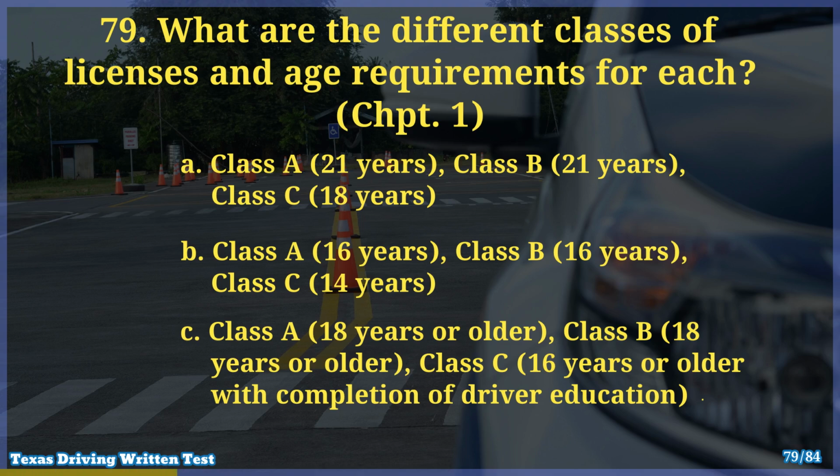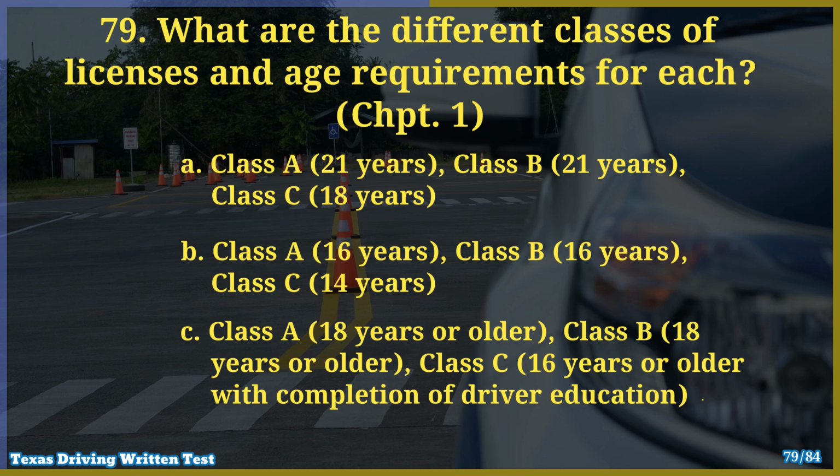79. What are the different classes of licenses and age requirements for each? A. Class A, 21 years, Class B, 21 years, Class C, 18 years. B. Class A, 16 years, Class B, 16 years, Class C, 14 years.